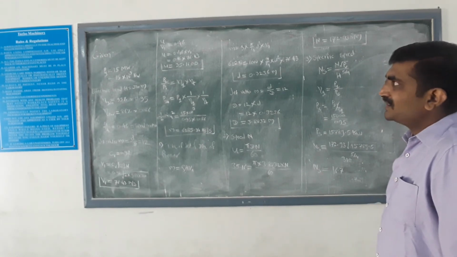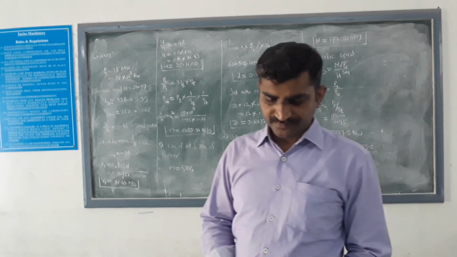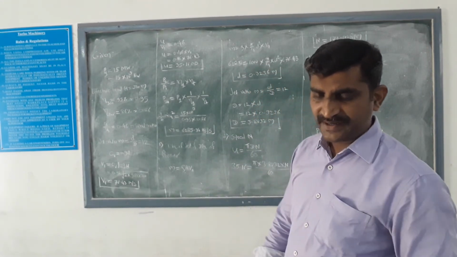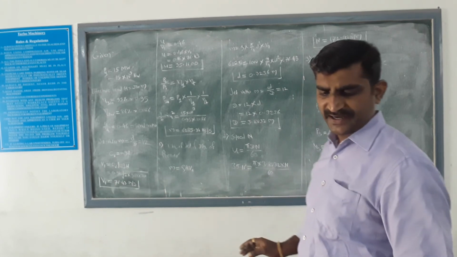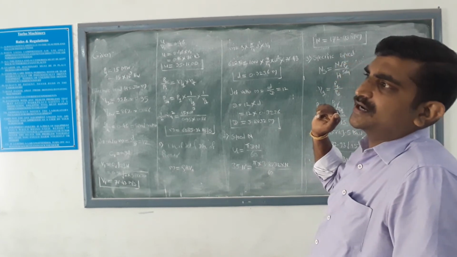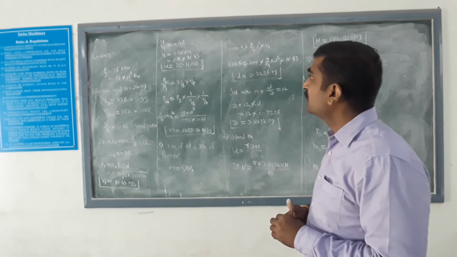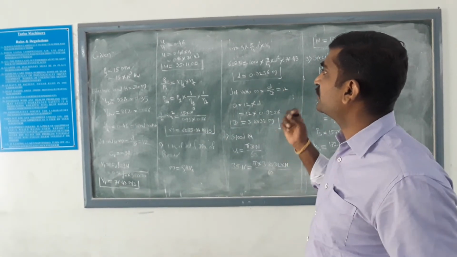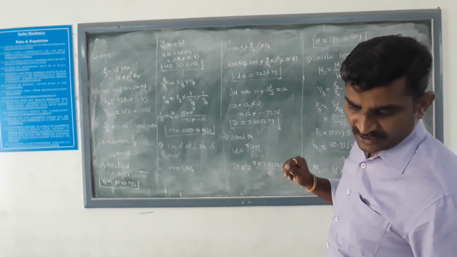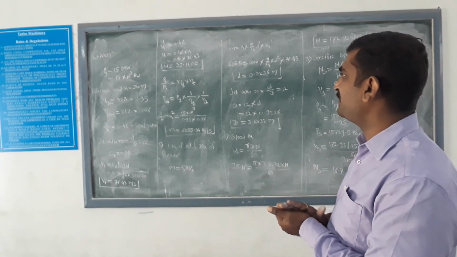What is given in this problem? Again I have explained here. The statement: the following data refer to a Pelton turbine driving a 15 megawatt generator, meaning generator power is 15 megawatt. Effective head H equal to 310 meter is given. We are also given generator efficiency and turbine efficiency.